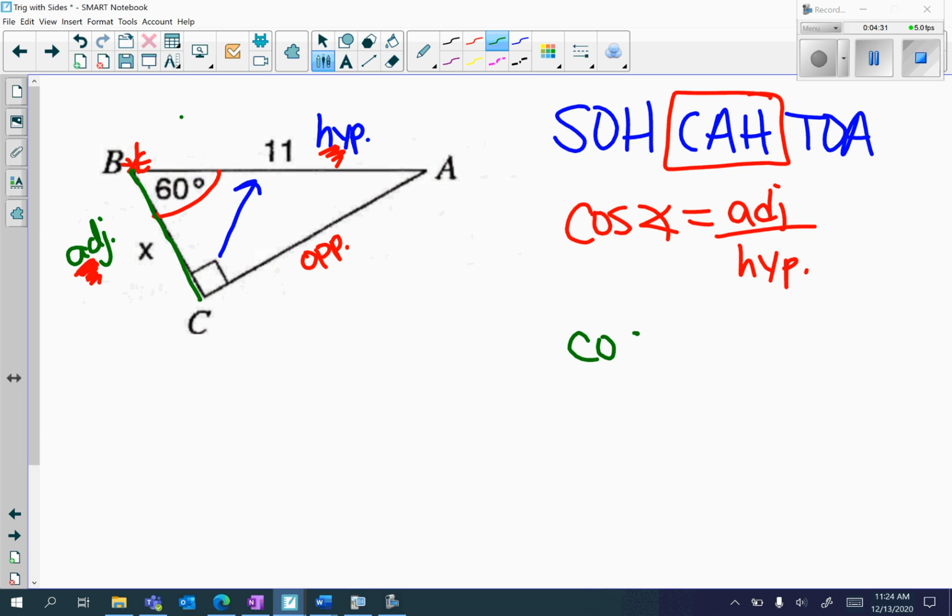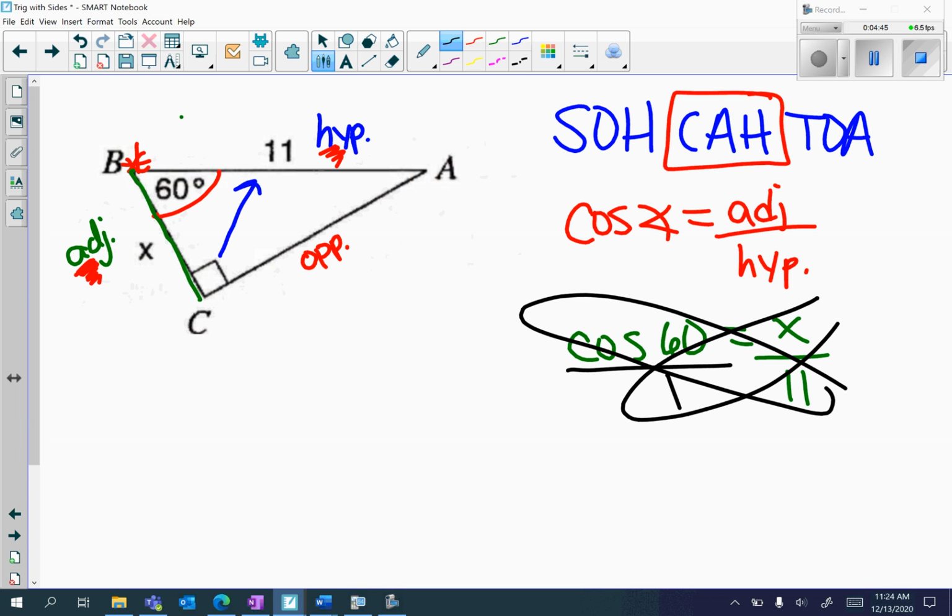So we have cosine of my central angle, which is 60 degrees, is equal to adjacent, which is x, over my hypotenuse, which is 11. Remember to put this over 1 and cross multiply. So we have x is equal to 11 times cos of 60.